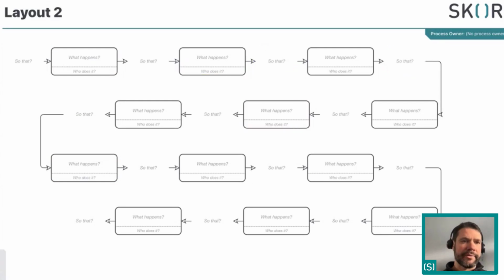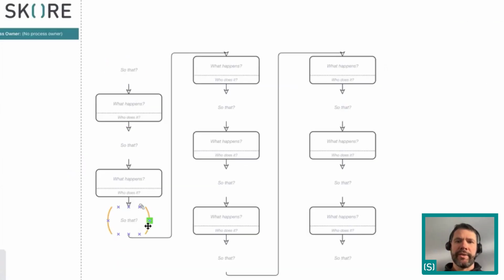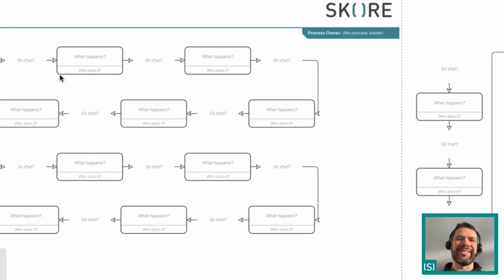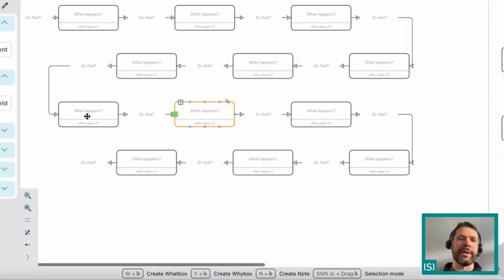Another alternative that I have seen is mapping vertically, a bit like a Japanese book. That may look good in some situations, but very often it's not natural. And when you do these layouts vertically as a snake or horizontally, it's not really the way Skore helps you.